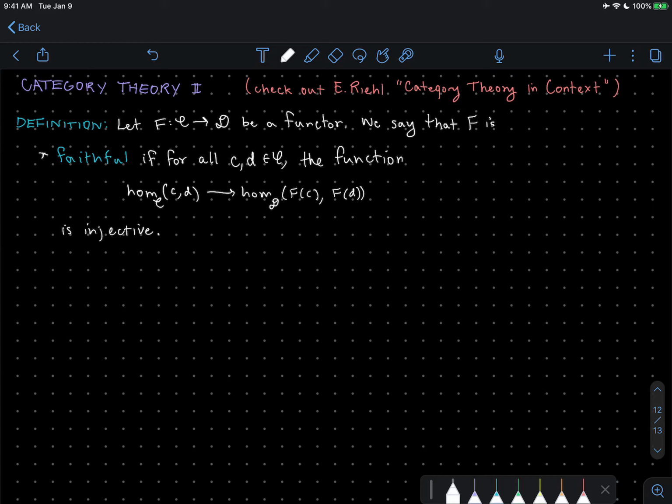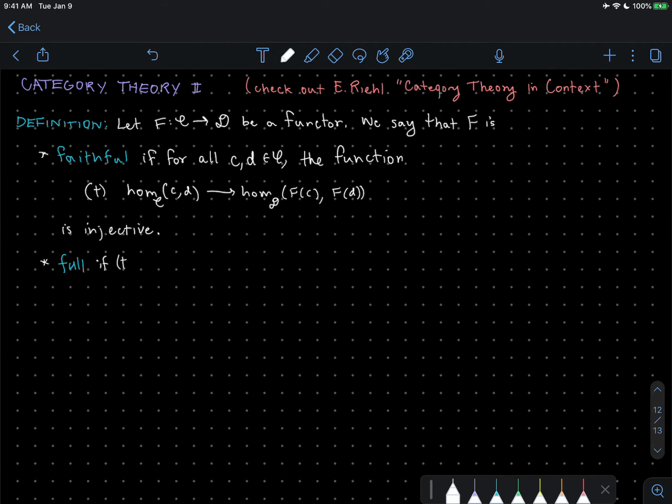Okay, next, F is full if, let me label this dagger, if the morphism dagger is surjective, and it is fully faithful if both.